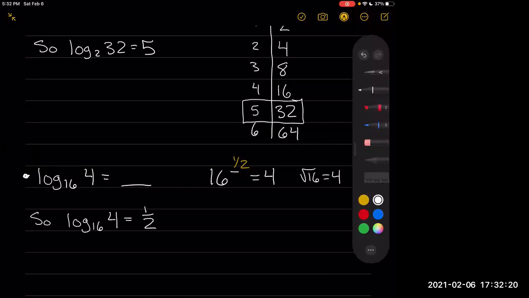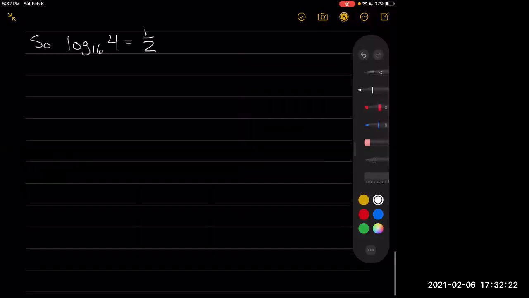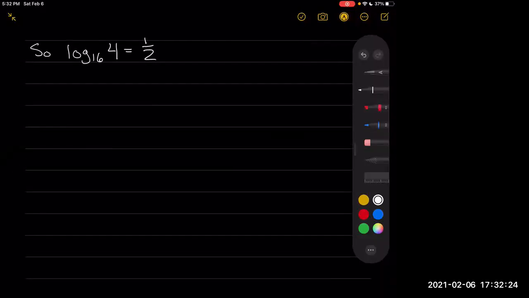Okay, so now we're going to move on and look at something called the properties of logarithms.